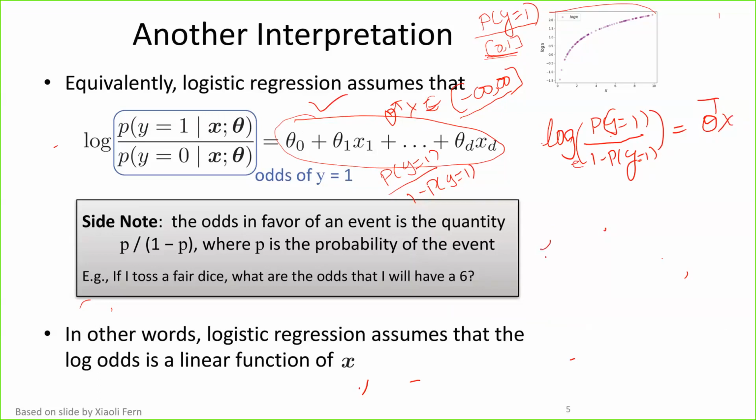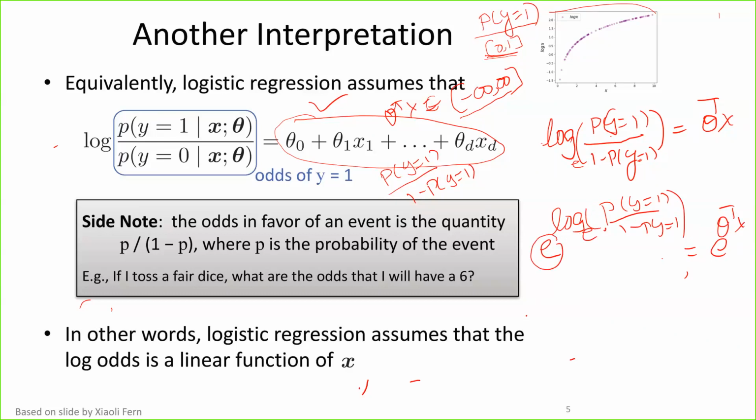Yes. e to the power log of probability of y equivalent to 1 divided by 1 minus probability of y equals e to the power theta transpose x. This is exponential, this is exponential, right?